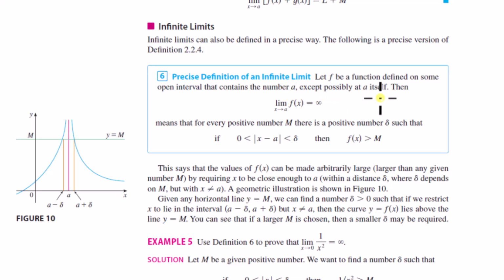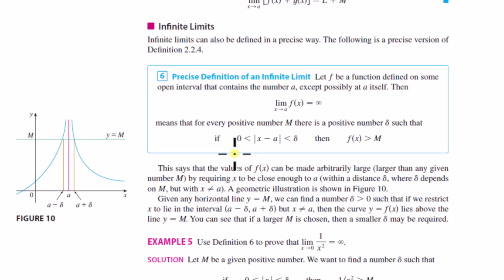So this is a general two-sided limit. Then the limit as x approaches a of f of x is equal to infinity means that for every positive number M, there is a positive number delta such that if x is constrained by this inequality, then f of x is greater than M.